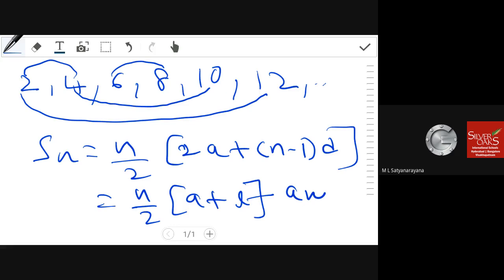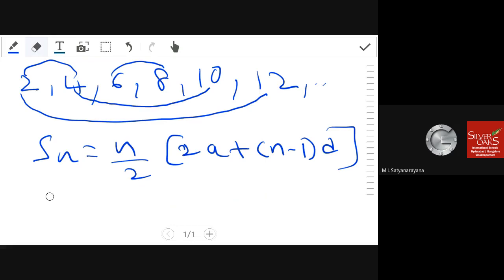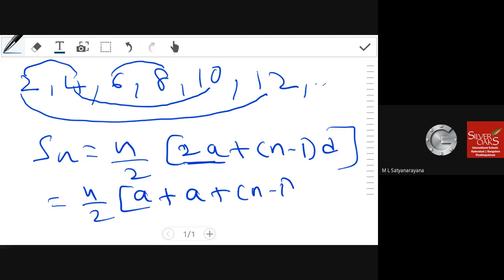How do we get this proof, n by 2 into (a plus l)? We can write n by 2 into 2a as a plus (a plus n minus 1 into d). Now what is a plus n minus 1 into d? It is the nth term. That's why the formula is n by 2 into (a plus an), or a plus l. They are one and only the same.